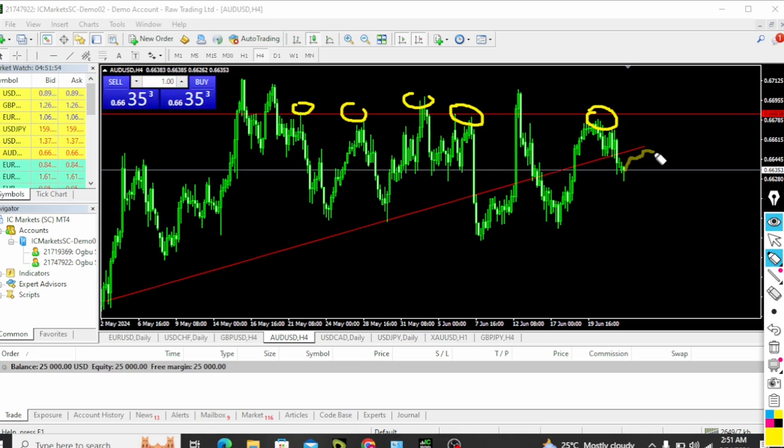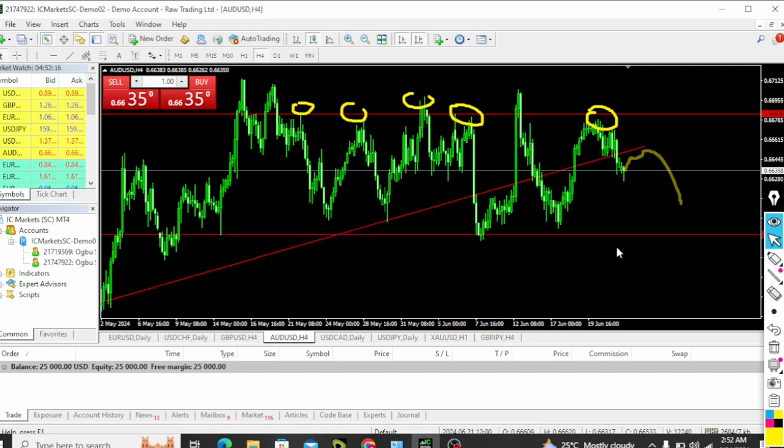Then the pair will likely roll over downwards, and when it begins to go down, it is not going to stop until it reaches a very good support area. And where is that support area? I would expect it to be anywhere around this region of the pin bar, which also corresponds to the support of this movement.